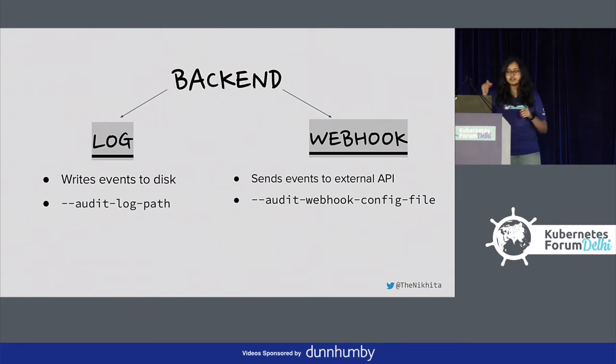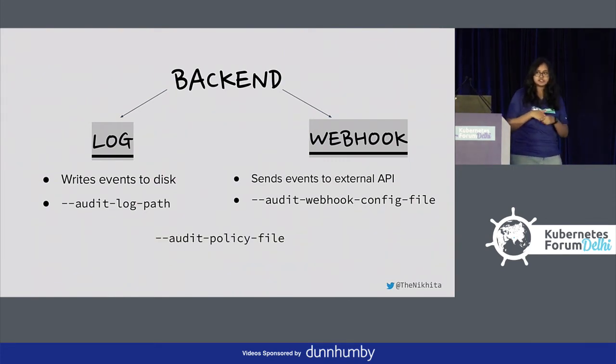And the audit webhook config file flag for the API server denotes the webhook configuration for where these logs should go. And the audit policy file flag is used for both backends, and it will be used to basically give out the policy file, the whole rules that we just learned about.